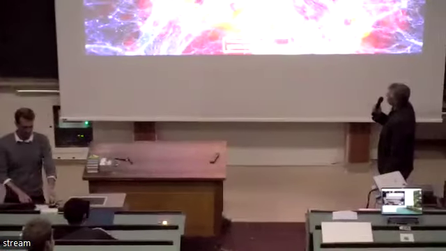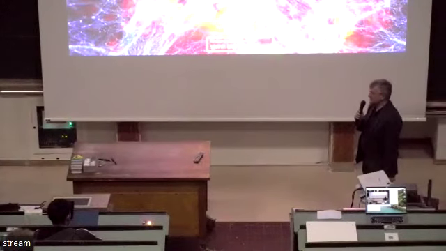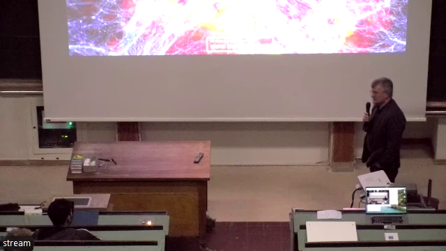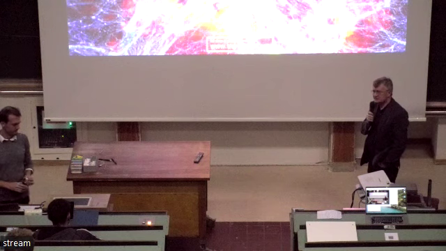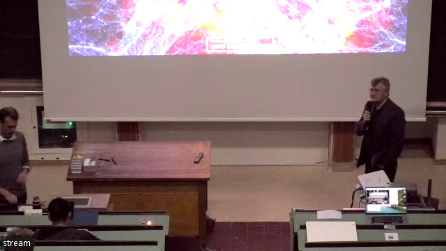As an observer, I guess it's really extremely exciting also to see this connection that we're making between new observatories able to look at these lines and these simulations. I'm sure there's lots of questions.